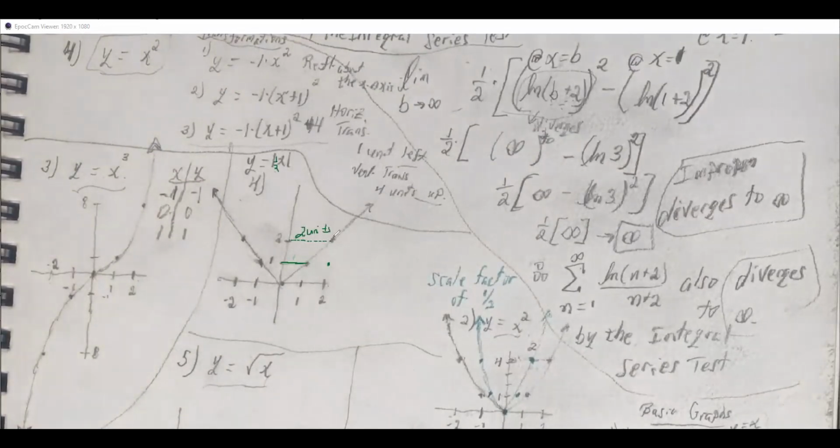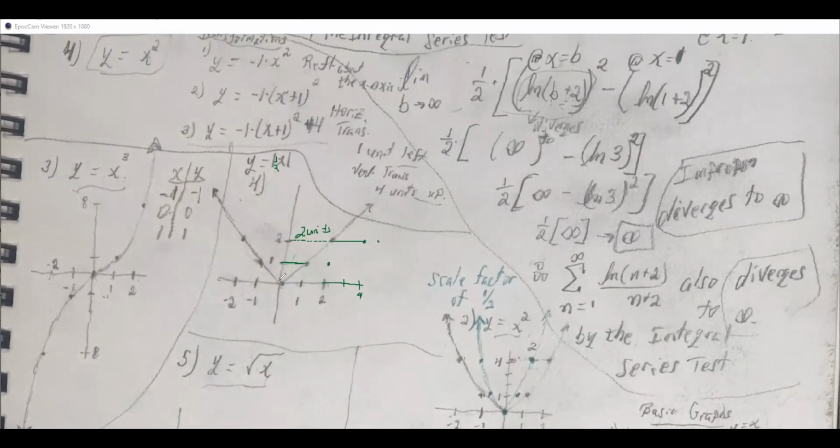So 2 times 2 units is now 4 units. So wherever 4 is here, and I'm just sketching, maybe right here. This point moved out to this point.